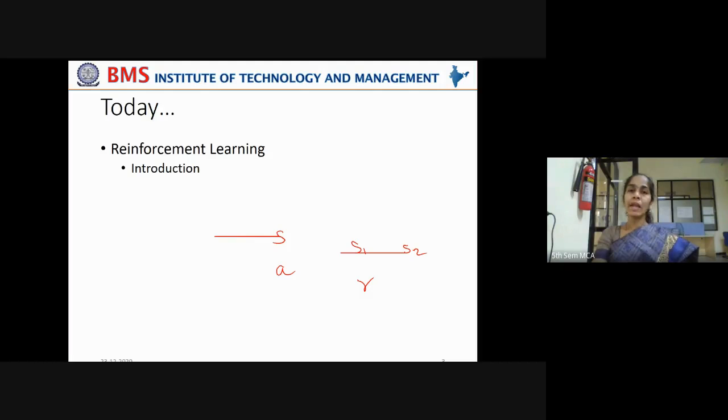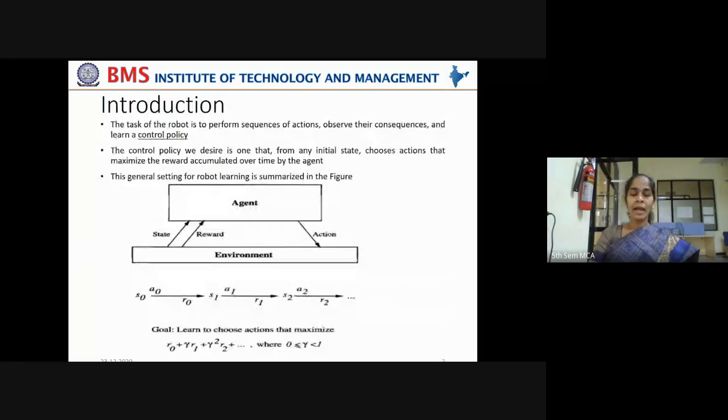So every action taken by the agent in the environment should be appropriate, and it should be according to a control policy which will help to maximize the rewards accumulated by the agent. This is the introduction we got in yesterday's class.